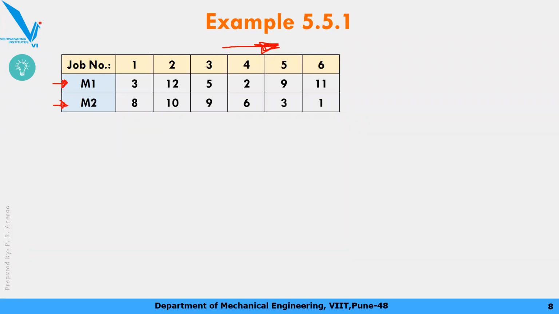Generally you prepare your chart in this way. The job chart generally is in this format, horizontal instead of vertical. Okay, so I have just rewritten the given table in this format. Just the orientation is changed. Rows become columns, columns become rows. That's it. So this is your job chart.